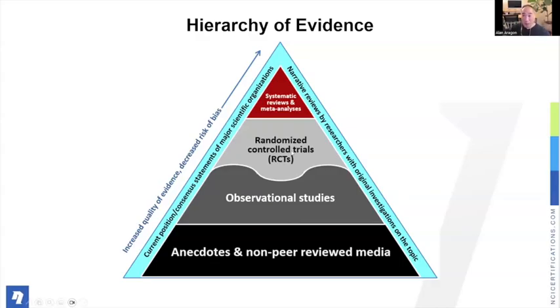Okay, so therefore, randomized controlled trials sit a little bit higher than them on the evidence hierarchy because randomized controlled trials can determine cause and effect. Now, this squiggly line, I made it squiggly because there's not this hard straight line that should be viewed between observational studies and randomized controlled trials.